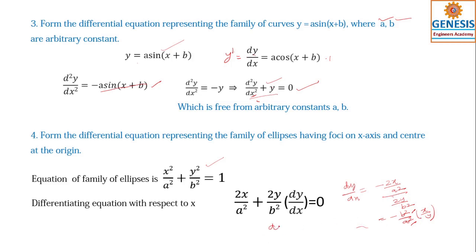That is d square y by dx square is equal to b square by a square into (y into dx minus x into dy) by y square. You have to differentiate it again. That is left to you, and if you need help, please post in the comment box.